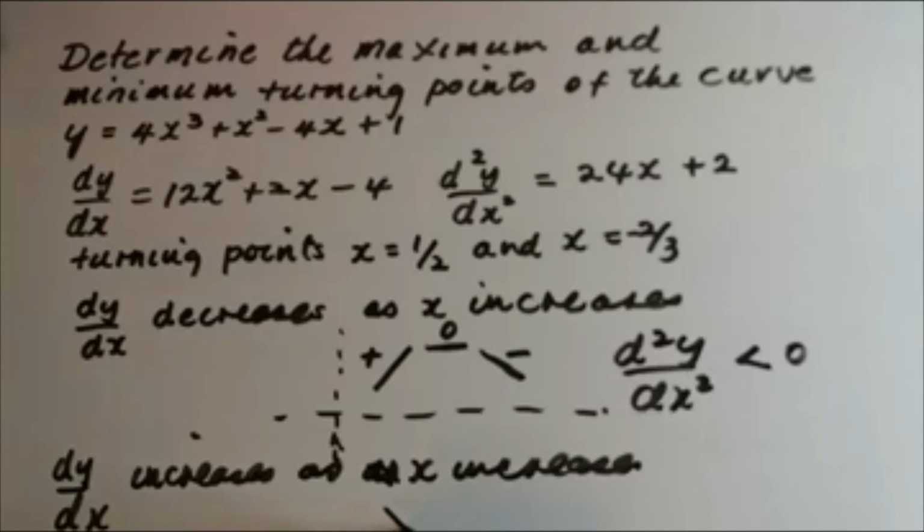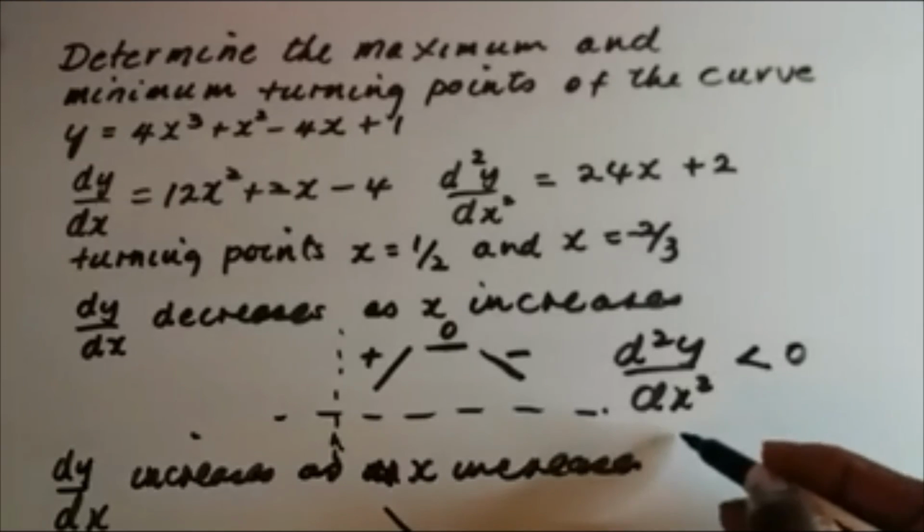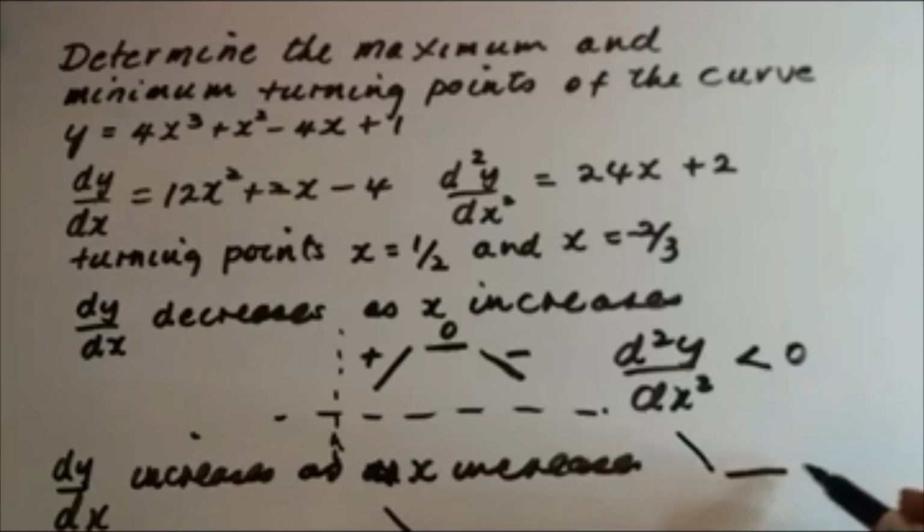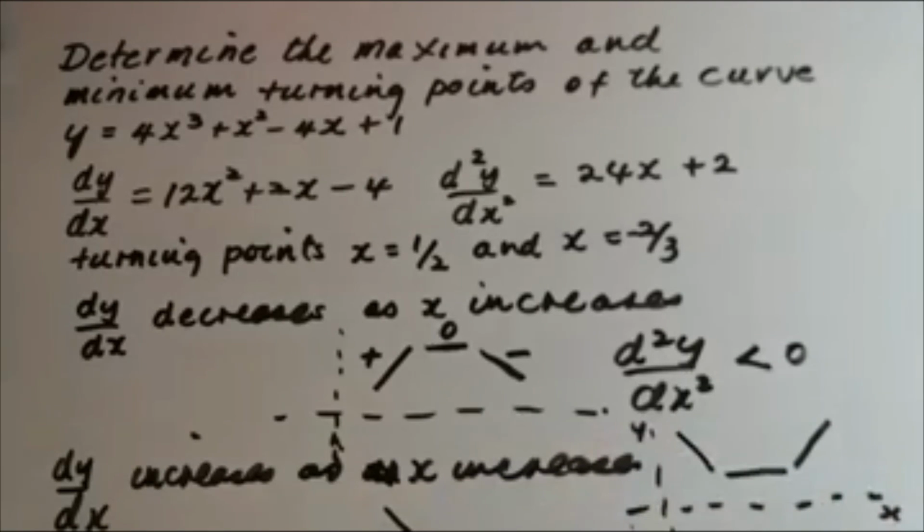So we start with a negative, and as we go further, from negative it goes to 0 and then positive. So as x increases, imagine if we have our coordinate axes x and y, as x increases it moves from negative through 0 to go to positive. So as x increases, dy/dx increases, and this indicates a minimum turning point.